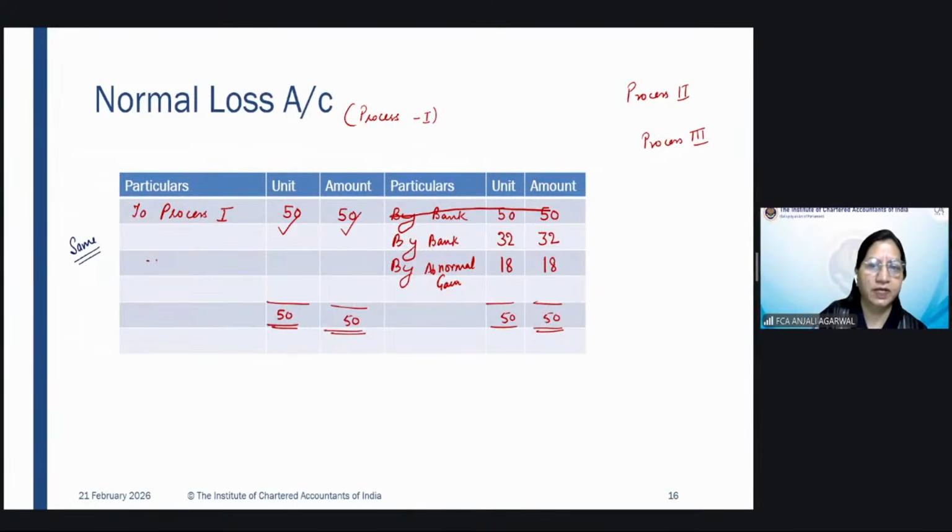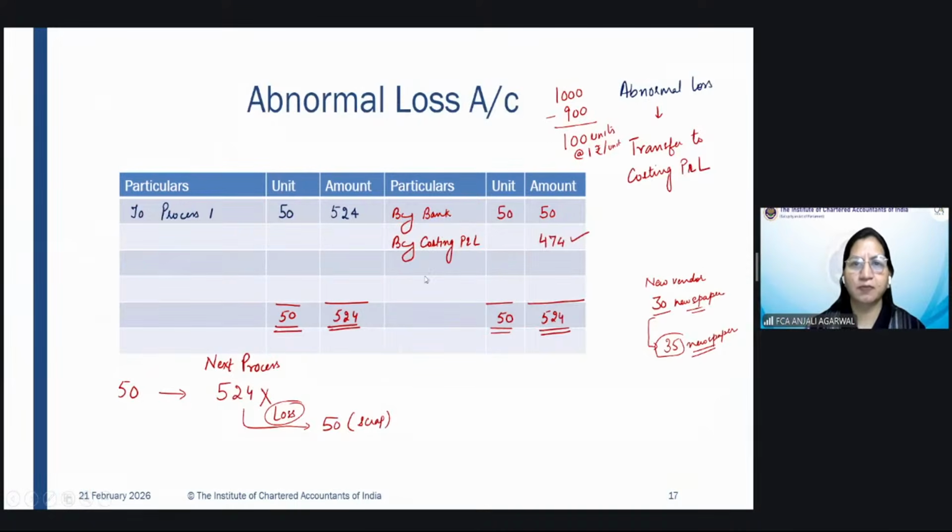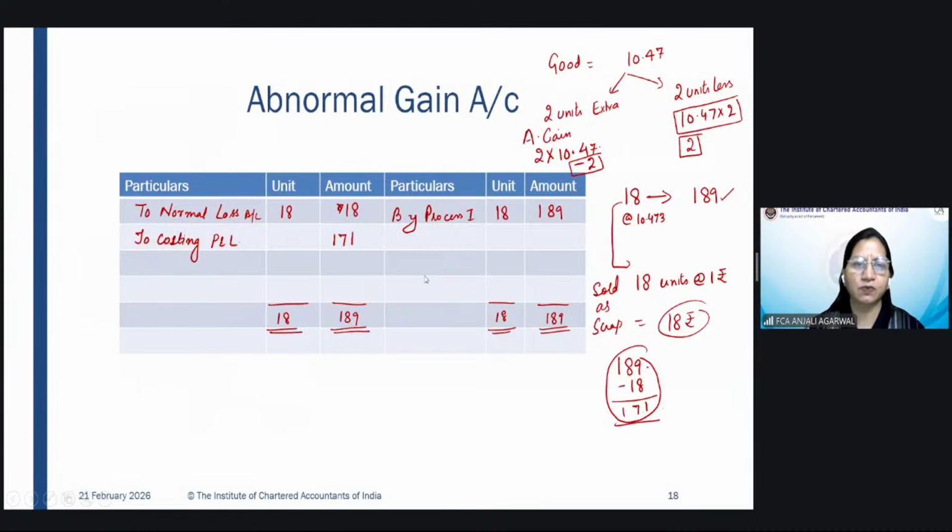In here only we can say to process 2, 97 units, 485. And then the total which moves to costing P&L for abnormal loss and abnormal gain will be one figure only, not different figures.